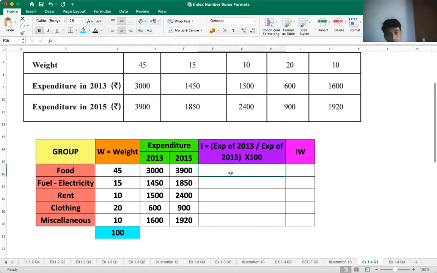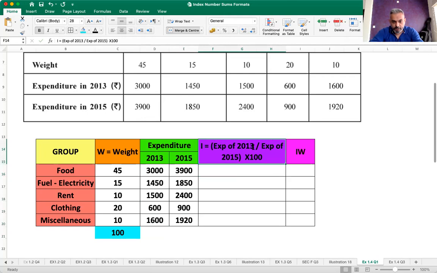Now, the index number I is expenditure of 2015 upon expenditure of 2013 into 100.